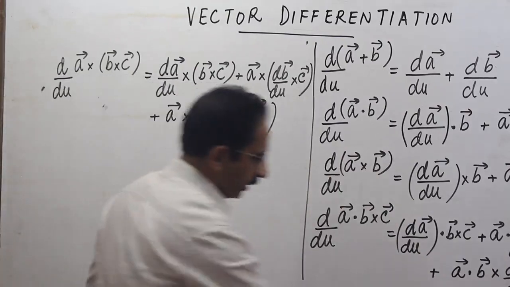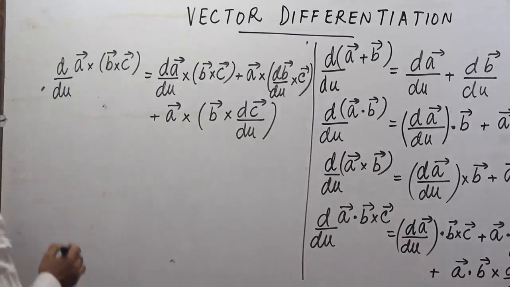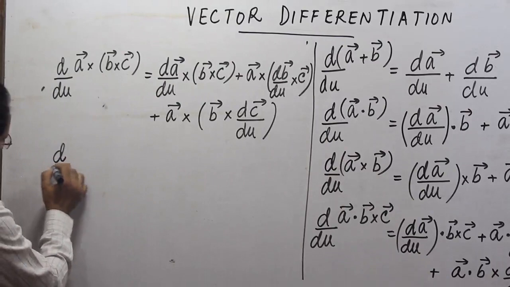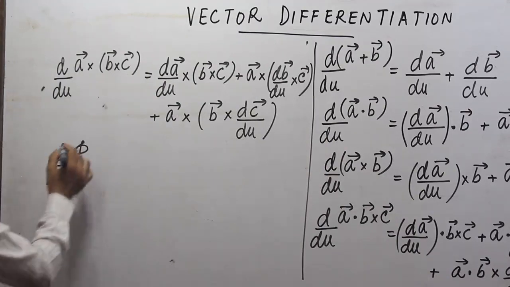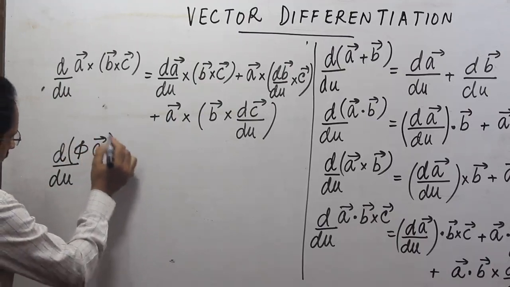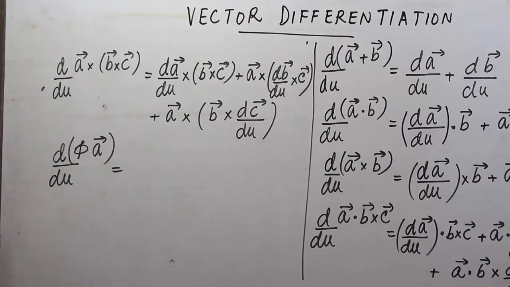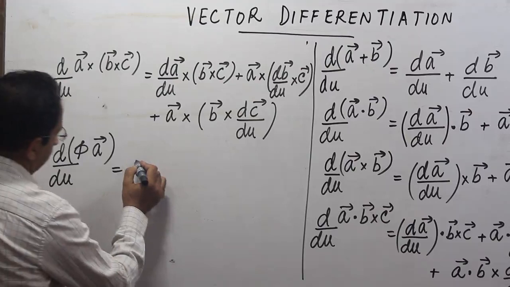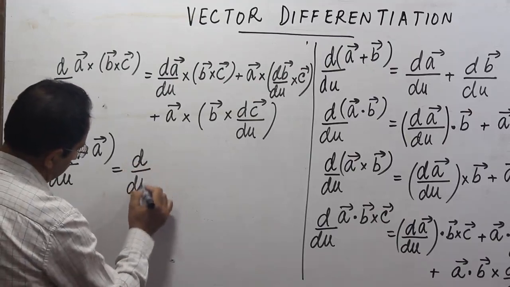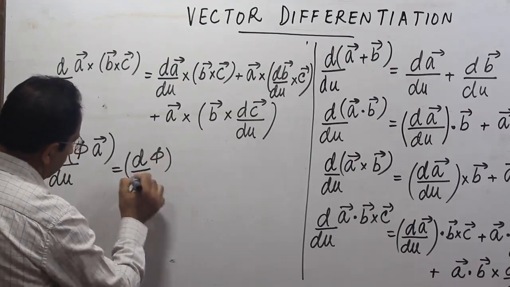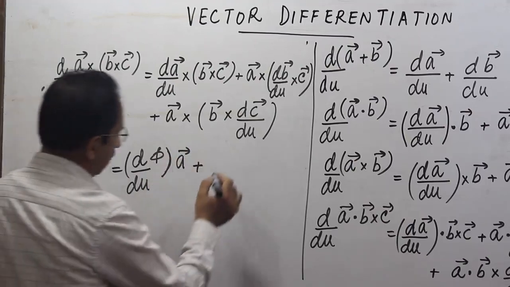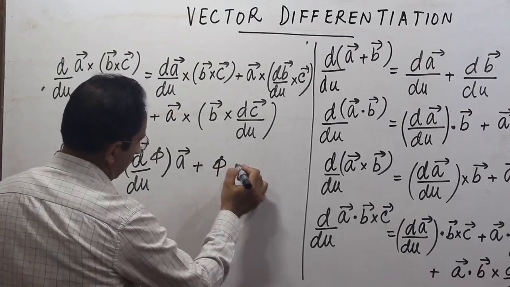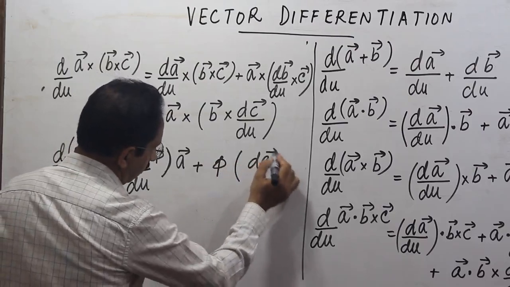If we have a scalar function phi of u multiplied to a vector a, then as usual the derivative with respect to u is the derivative of phi multiplied to a, plus phi multiplied to the derivative of a with respect to u.